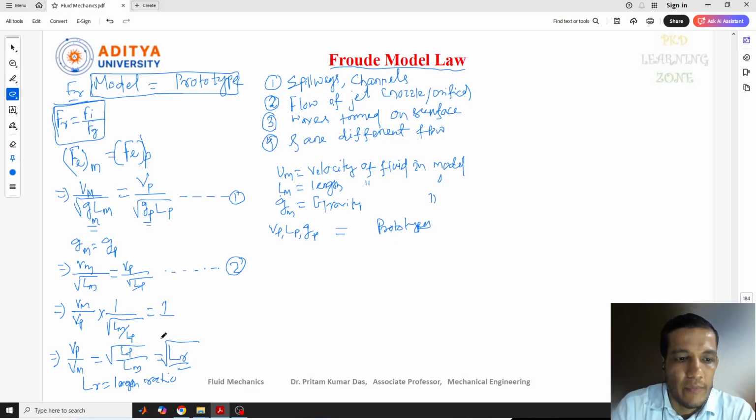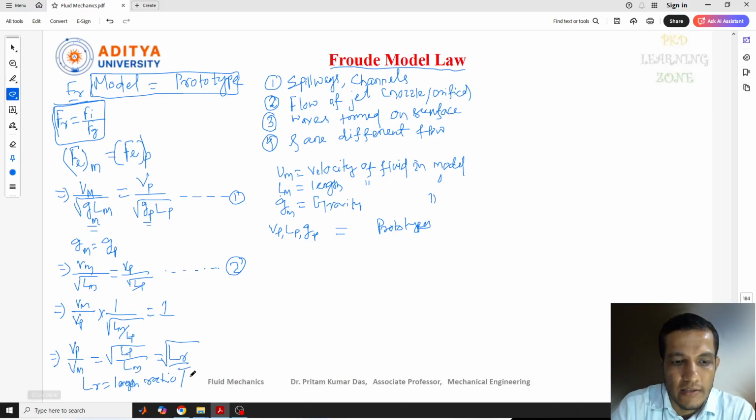And similarly Vp by Vm also we can write as Vr, and that is the scale ratio for velocity, and this is the scale ratio for length.